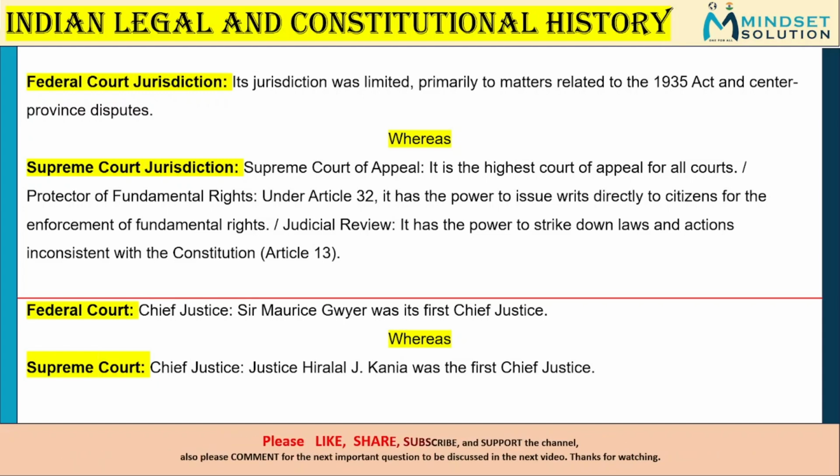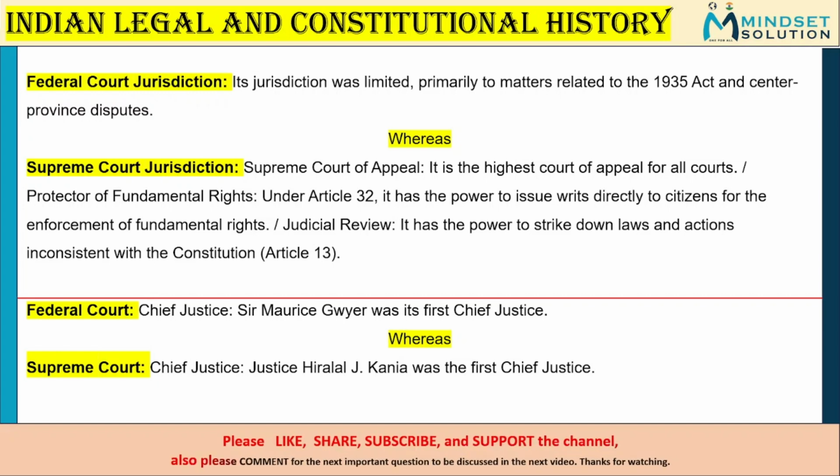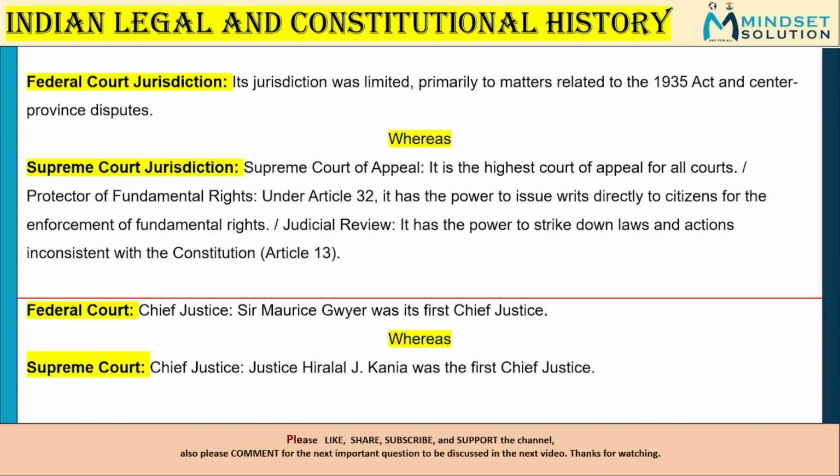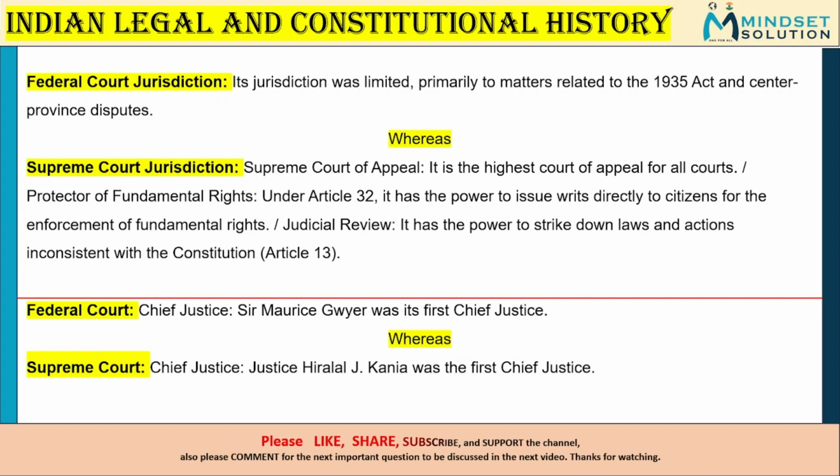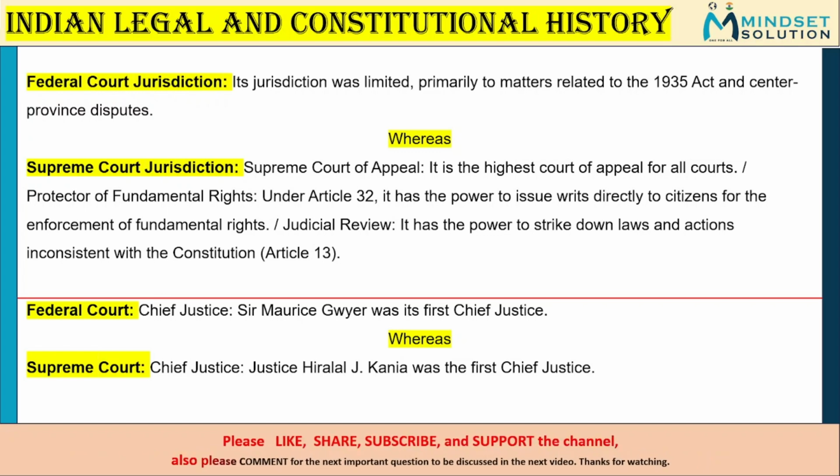Whereas the Supreme Court is the highest court of appeal for all courts and protector of fundamental rights under Article 32. It has the power to issue writs directly to citizens for the enforcement of fundamental rights, and judicial review. It has the power to strike down laws and actions inconsistent with the Constitution under Article 13.